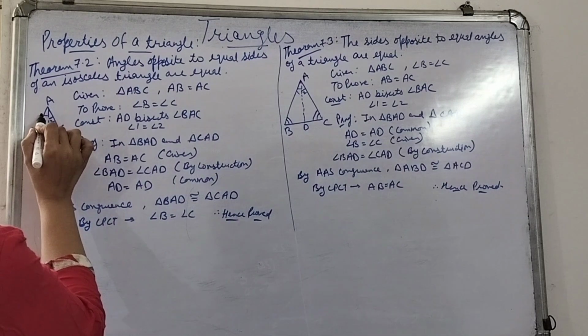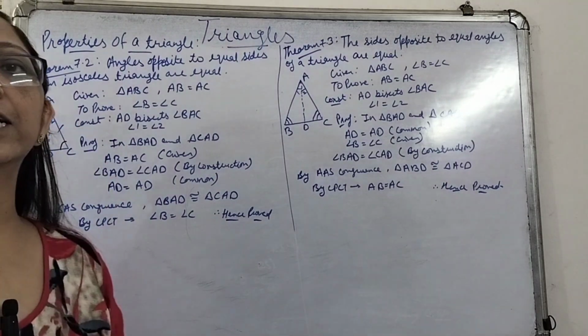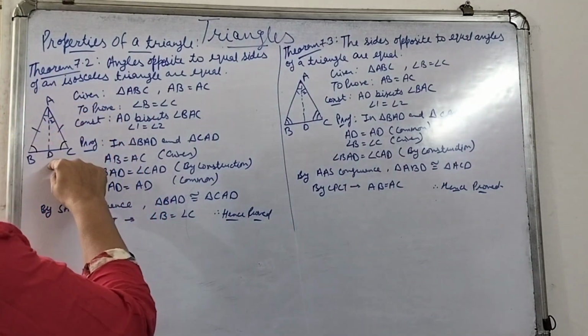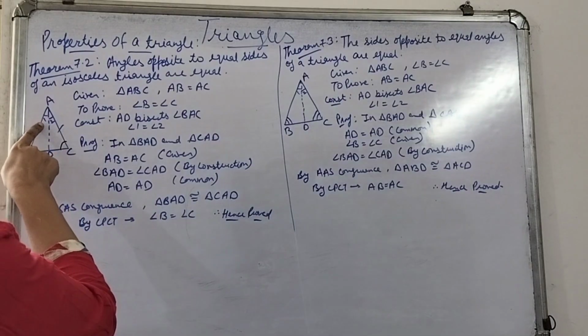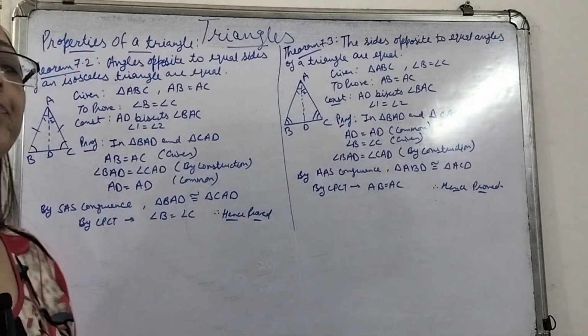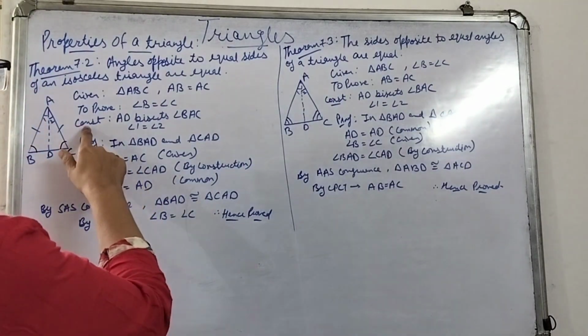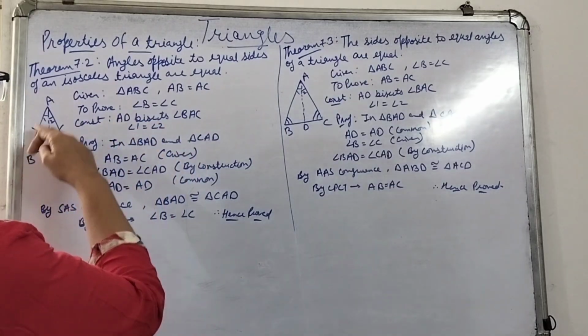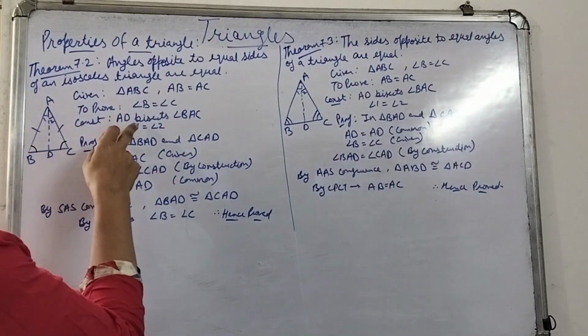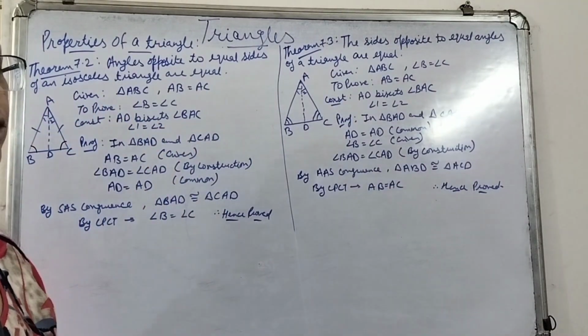If AD is bisecting angle A, that means angle 1 and angle 2 will be equal in measurement. So the construction is AD bisects angle BAC, which means angle 1 will be equivalent to angle 2 by construction.